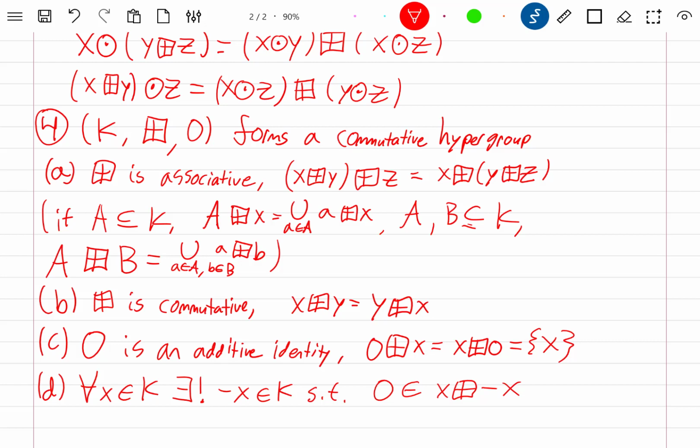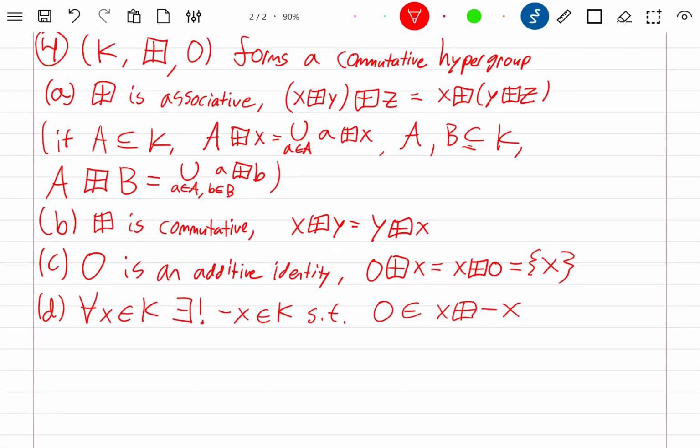Because the sum of two elements is a set, for the additive inverse we don't require it to be equal to 0. We don't have two things add together to equal 0. We just need that it's an element of the set.